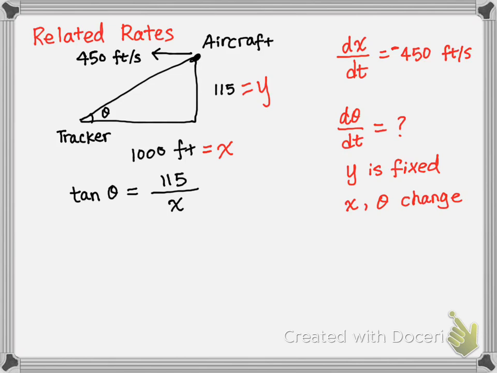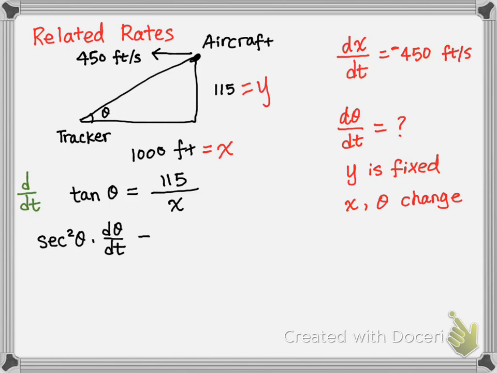So when you take the derivative with respect to time, d over dt on both sides, you'll be able to relate. What's the derivative of tangent theta? It's secant squared of theta times d theta over dt.